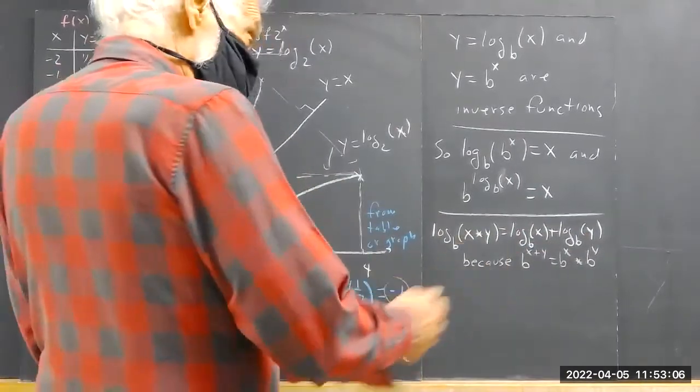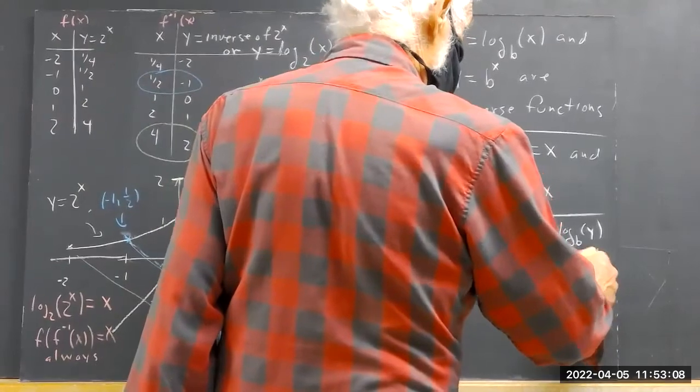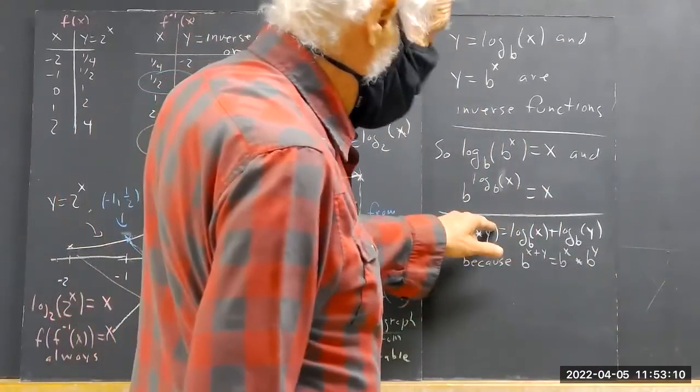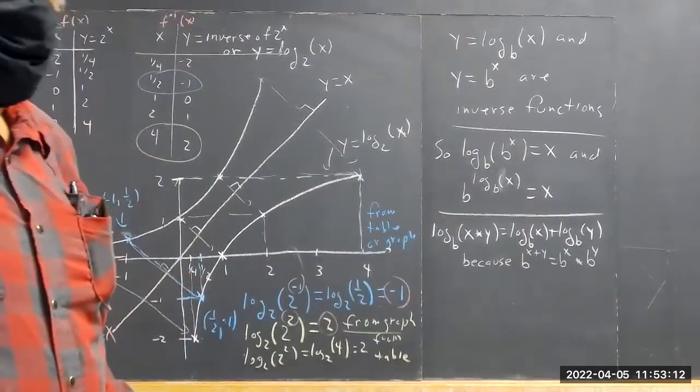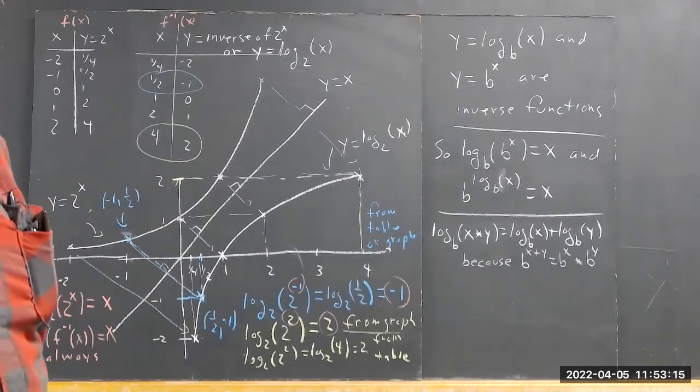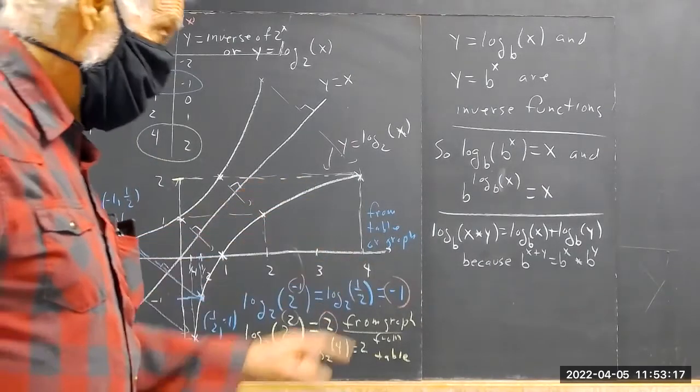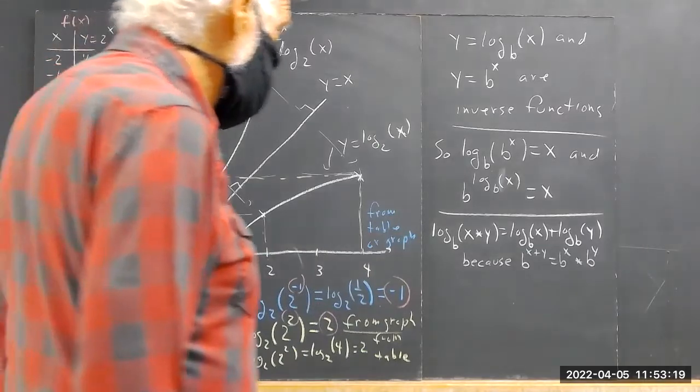I'm not going to spend time right now explaining the connection here, although it's not hard to explain. We don't want to take the time with it because we're just trying to get used to these rules.